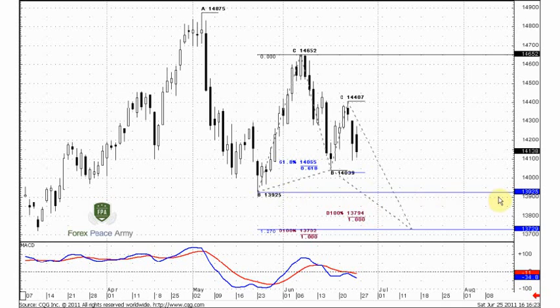The nearest target of this pattern, the 127 extension from this low to that high, stands around 137.29. I just want to remind you that this is the monthly confidence support, and if you are a positional trader and hold positions for a long-term perspective, that is your area to watch for.